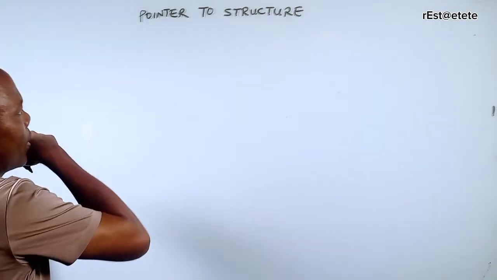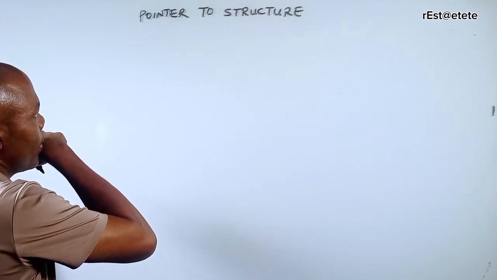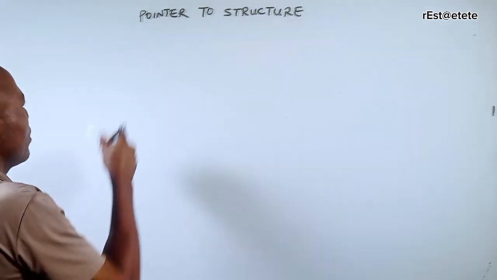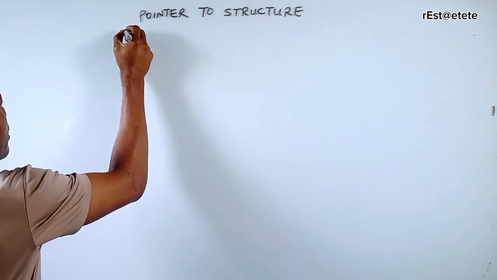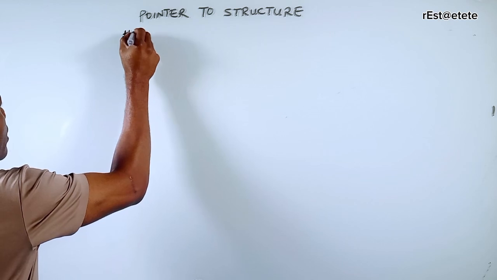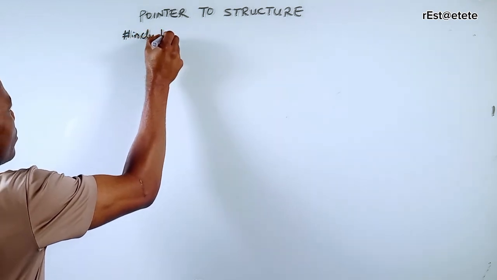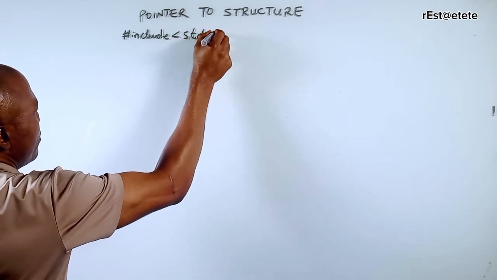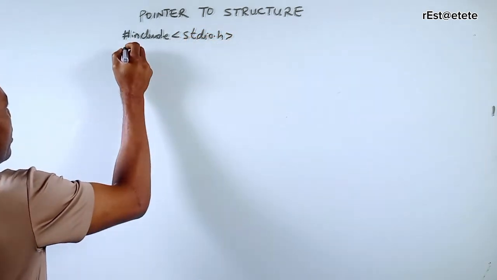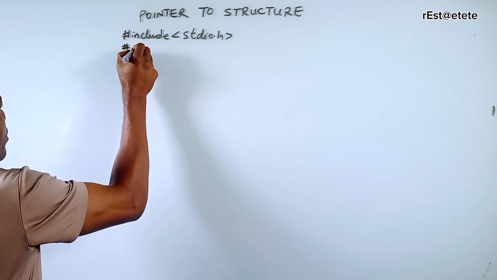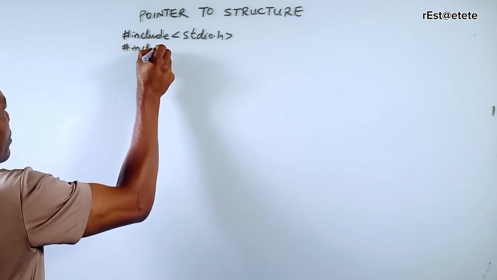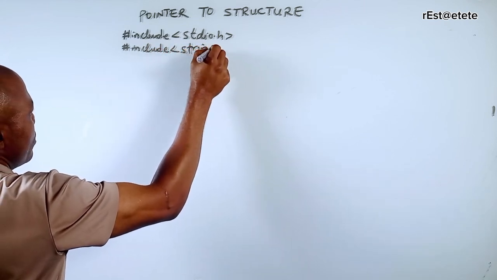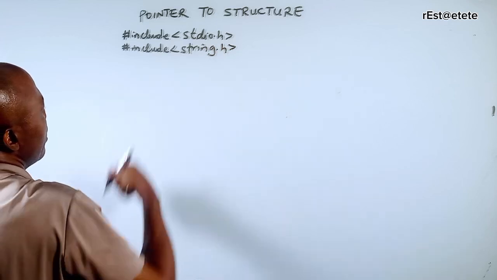Okay, so we'll say include stdio.h, and then we also say include string.h.